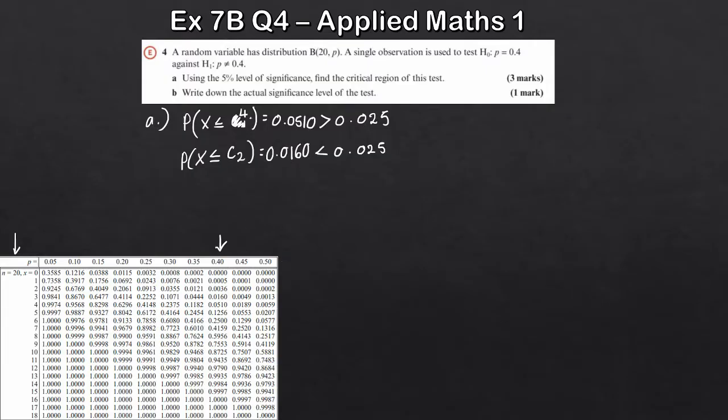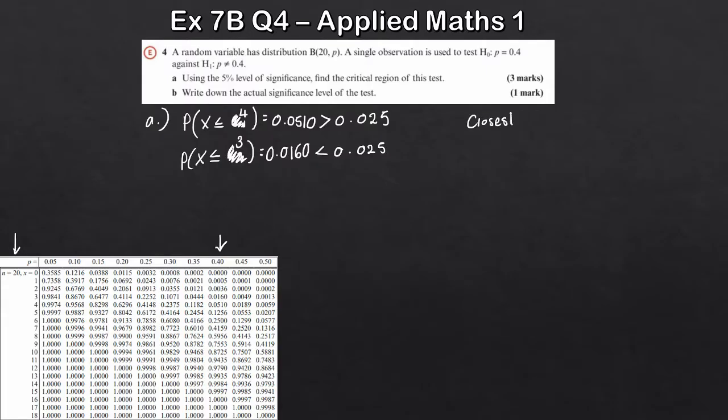And what value corresponds to that? Well, it's just 4 minus 1, which is 3, and again you can test that if you go along the row: 0.0160, we get 3 there. So for this one now, we consider both of these values, and we want the one that's closest to 0.025.